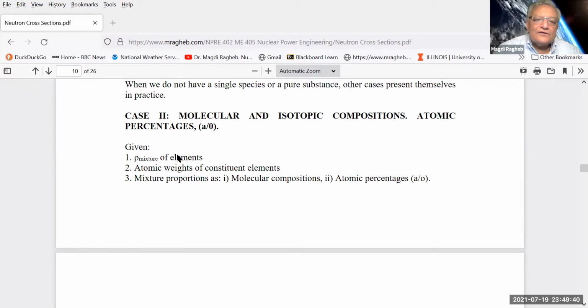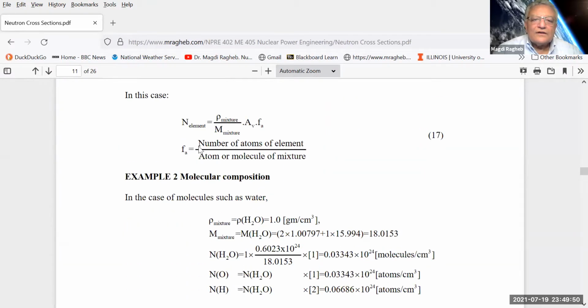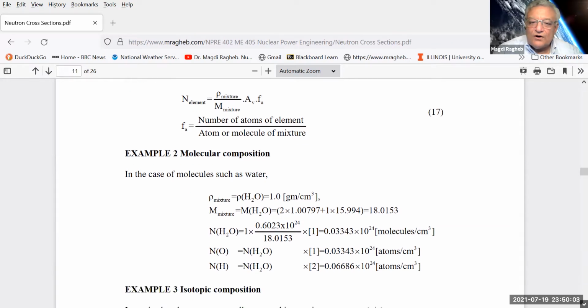So all you do is take the density of the mixture and modify it by the constituents, and the cross sections add up. For instance, if you have an element, the number density of a given element is the density of the mixture divided by the atomic or molecular weight of the mixture. If you have a molecular composition, let's take the example of water.